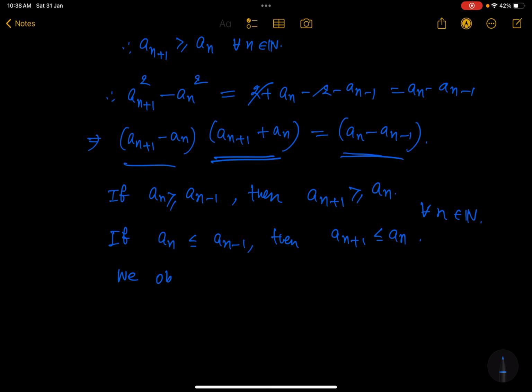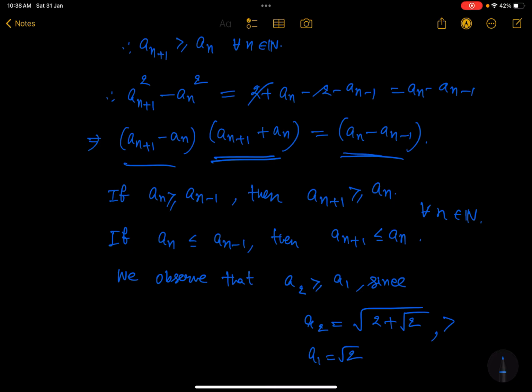But we observe that a2 is bigger than or equal to a1, since what is a2? It is the square root of 2 plus root 2, and a1 is root 2, which is always bigger than root 2, which is a1, right?